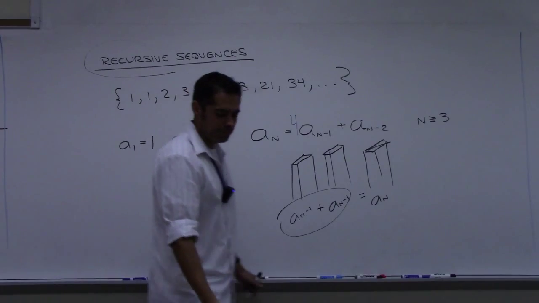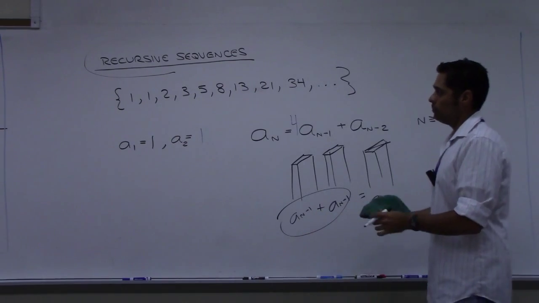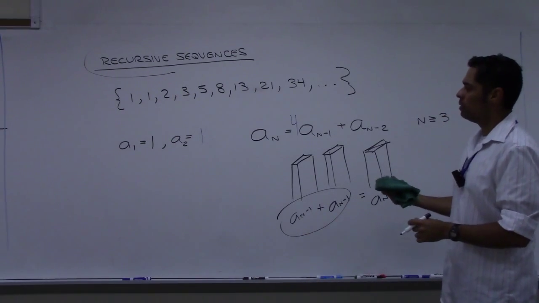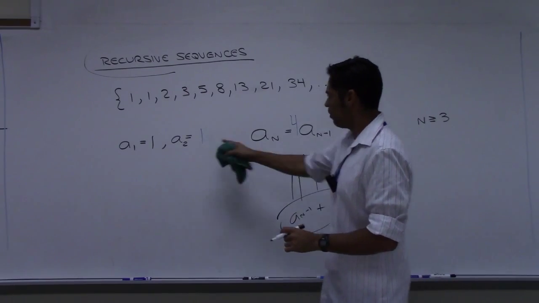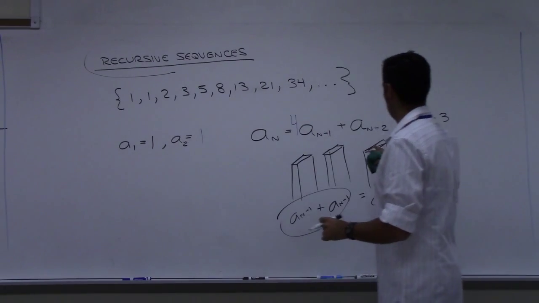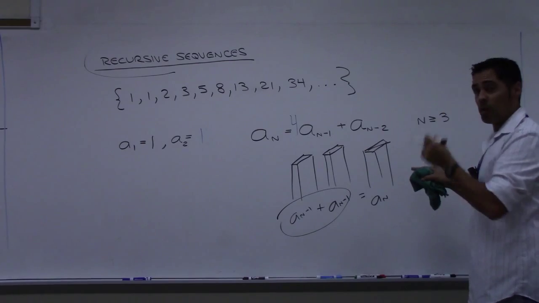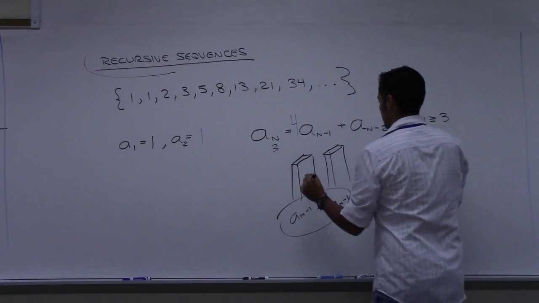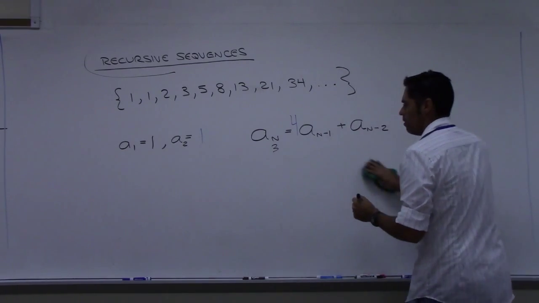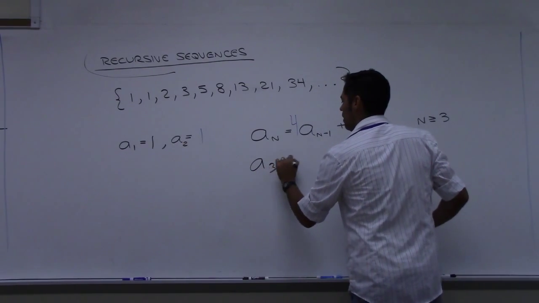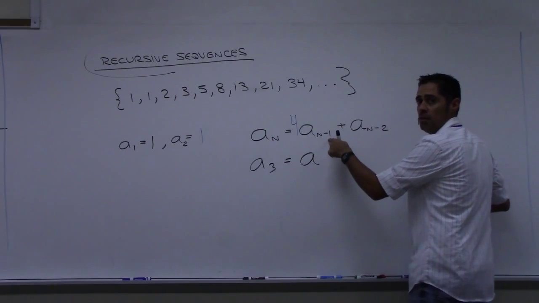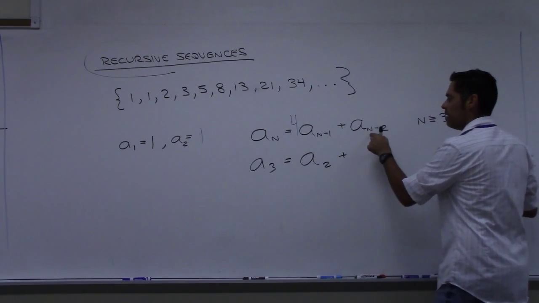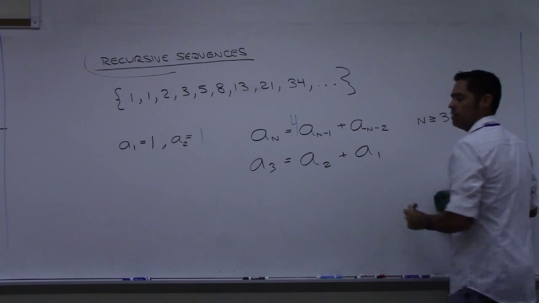Yes? So if you plug in 3 for both of your first ones over there, yes. Then this would become, well, let's do it. a_3 would be a_{3-1}, a_2, plus a_{3-2}, a_1.